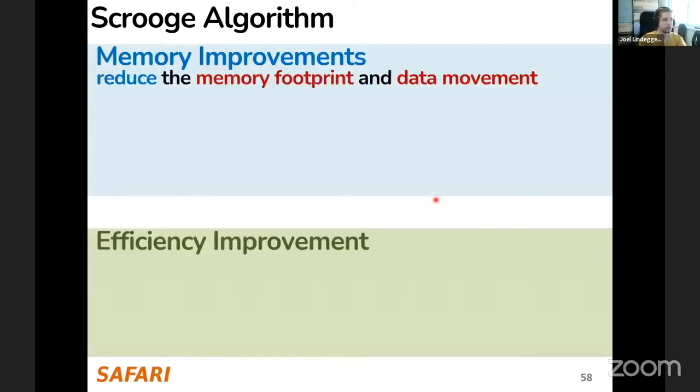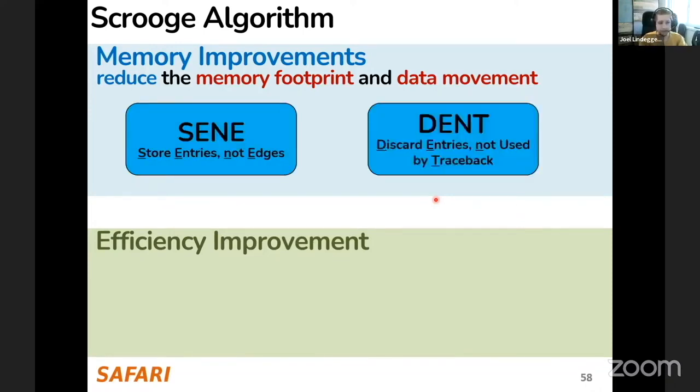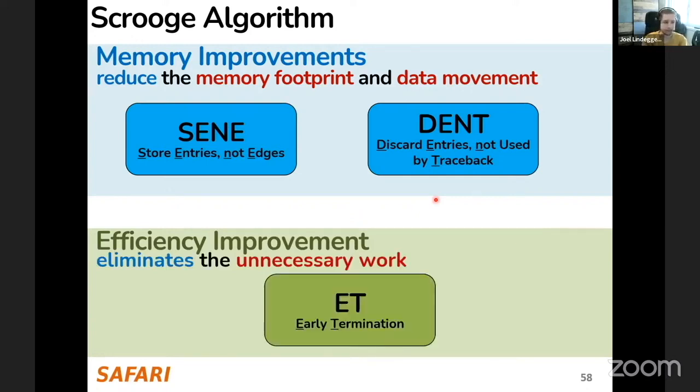The memory improvements reduce both the memory footprint and data movement of Scrooge. So we have Sene, store entries not edges, and Dent, discard entries not used by traceback. And then the efficiency improvement eliminates the unnecessary work that we had identified. We call this one early termination.